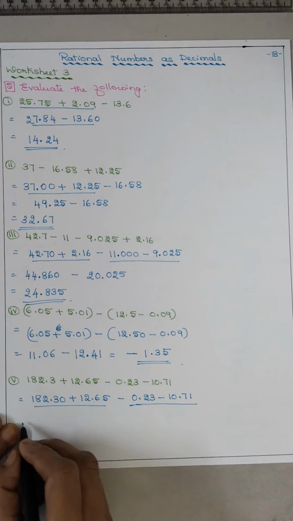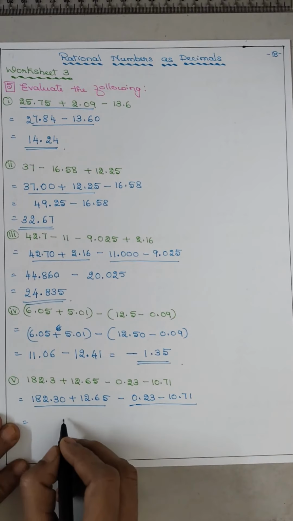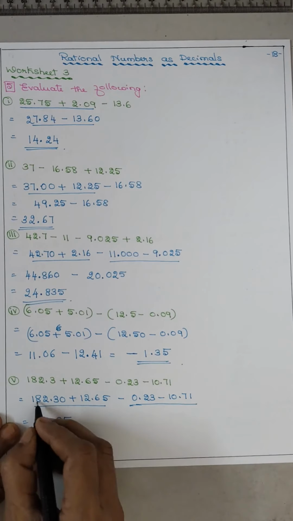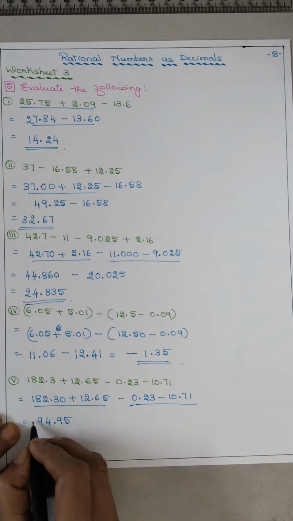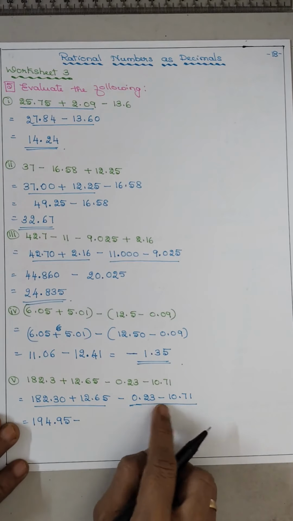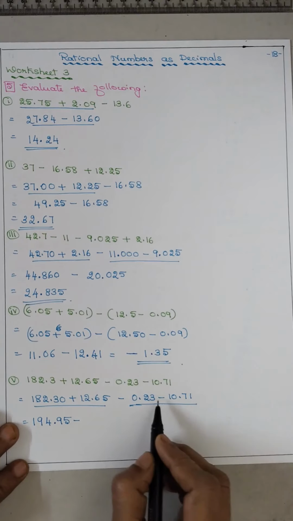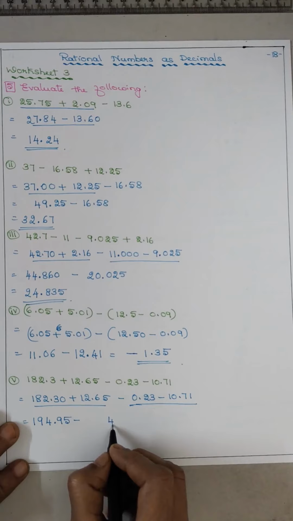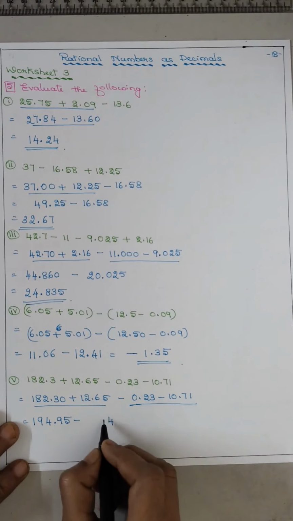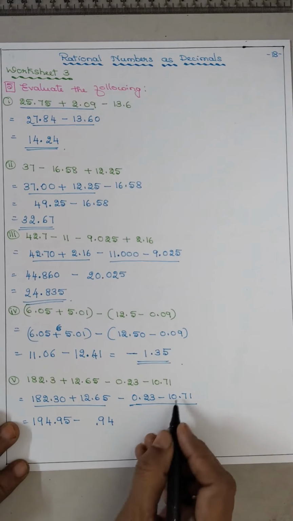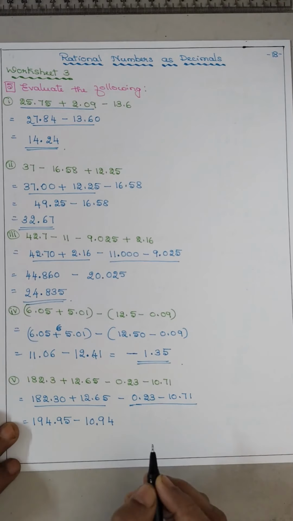So it will be 5, 9, 4, 9, 1 minus. Both are minus, so you add. It is minus 3 plus 1, 4, 2 plus 7, 9, then 0, then 1.